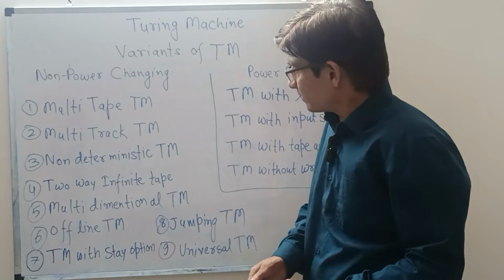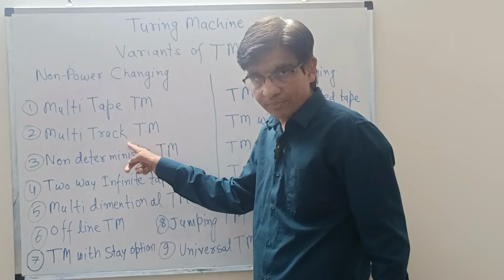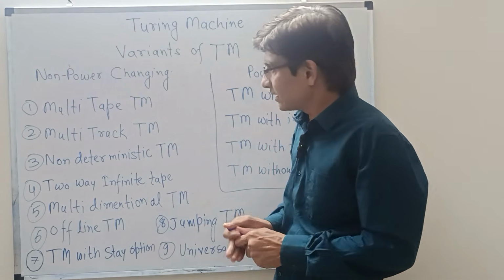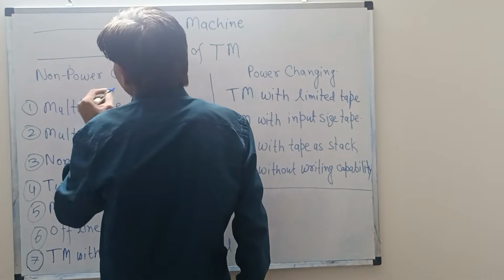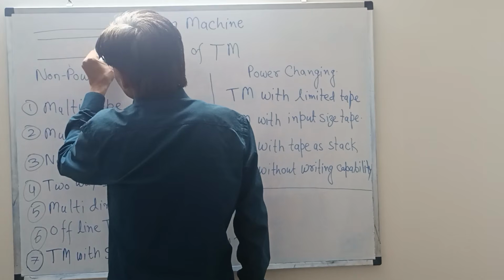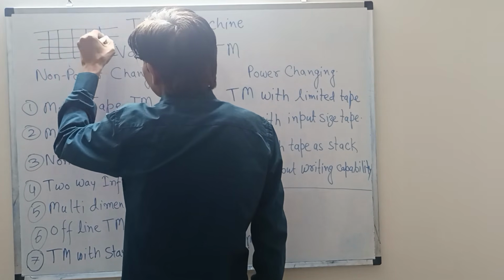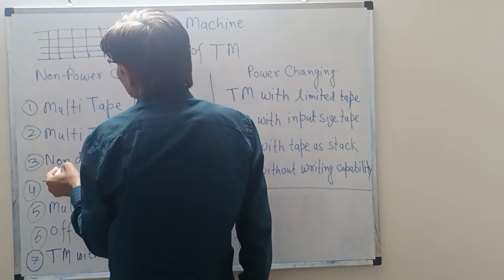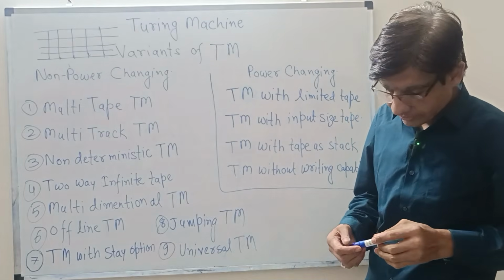So now next is multi-track Turing machine. Here you have only one tape, but this tape is divided into multiple tracks like this. So suppose this is your one tape, and this tape is divided into multiple tracks like this, and all these tracks are finally divided into blocks. So this is like a two-dimensional array here.